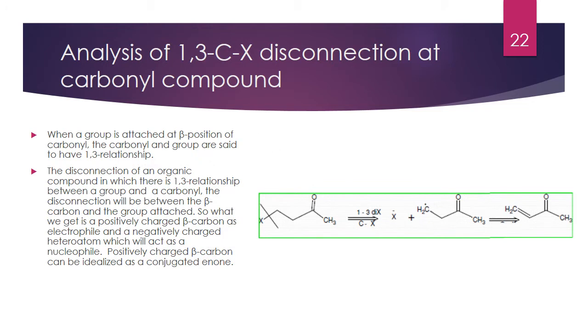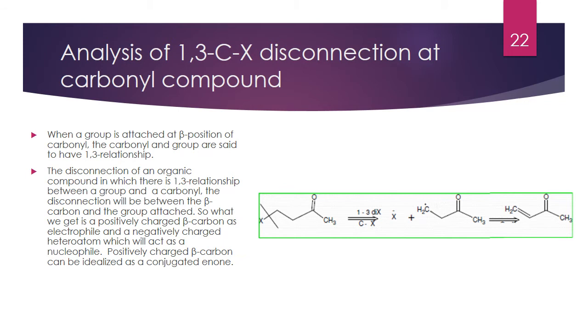Okay, consider another example in which we have an X group which is attached to the beta carbon of the carbonyl system. The easiest disconnection is between carbon and X. The synthon for this case will be an alpha beta enone. Here you can see we have a positive charge on this beta carbon.